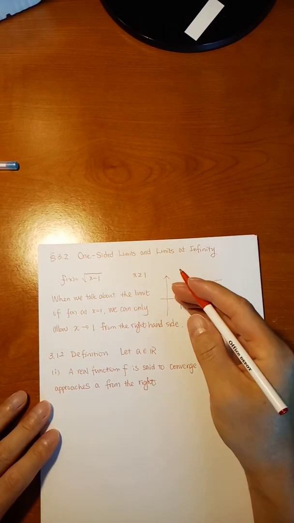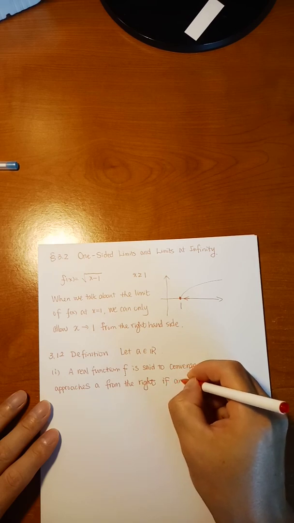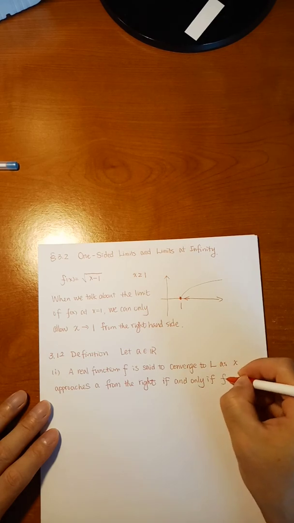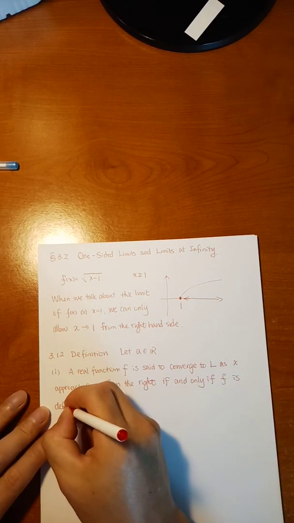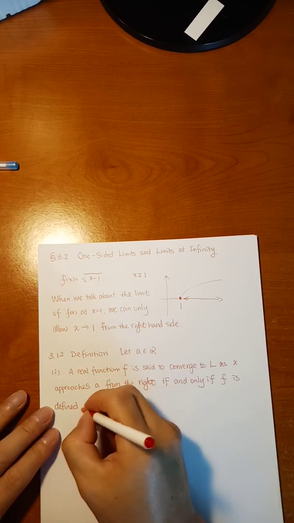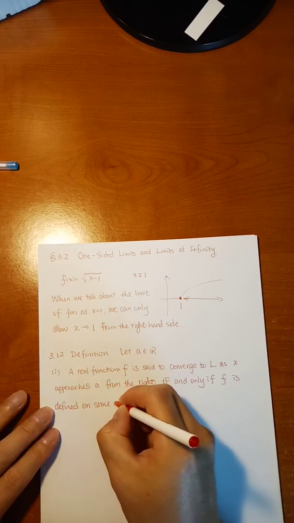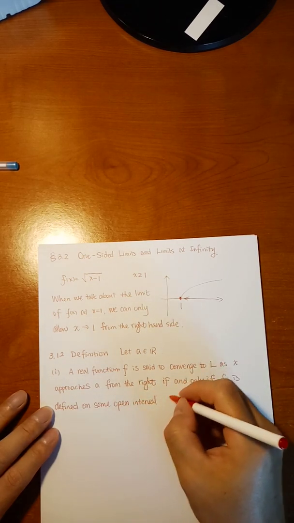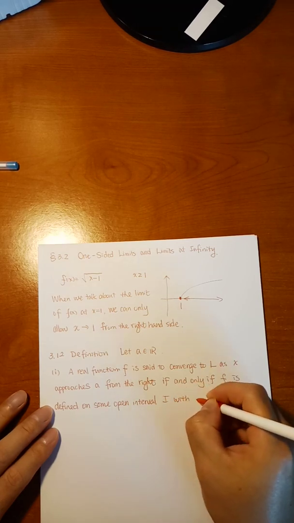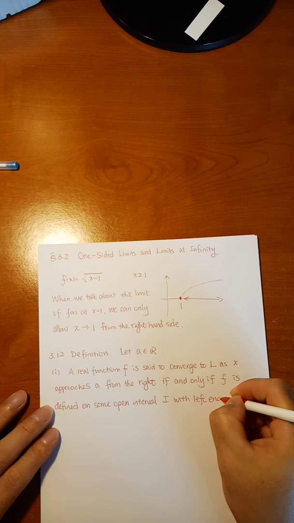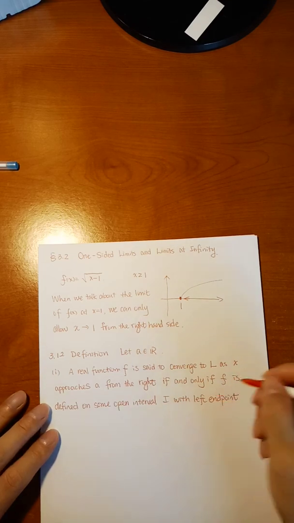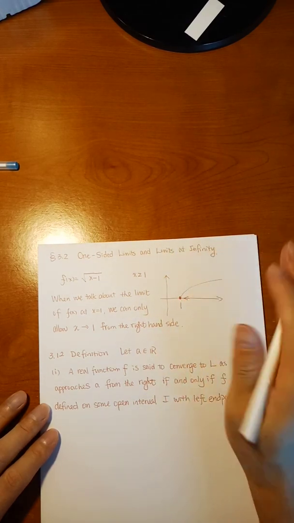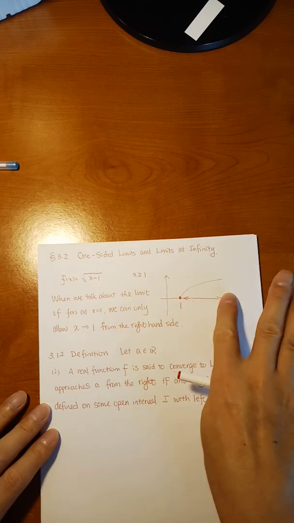Okay, it's like this, from the right. If and only if f is defined on some open interval I with left-hand point A. Okay, so you see here, this 1 is the left-hand point of this interval. That's the left end of the interval.